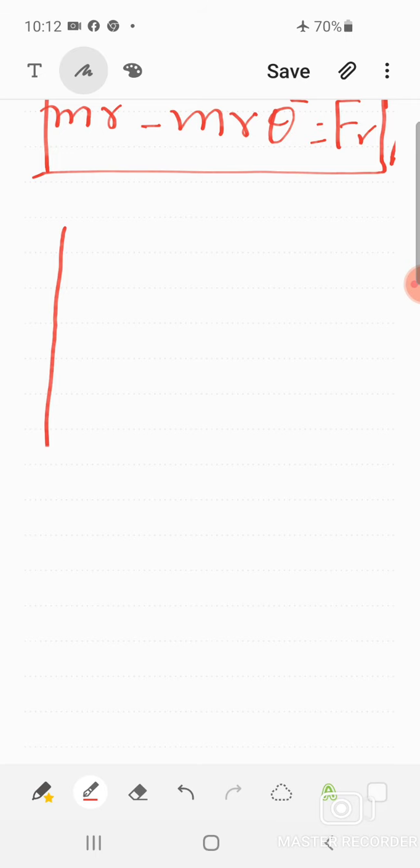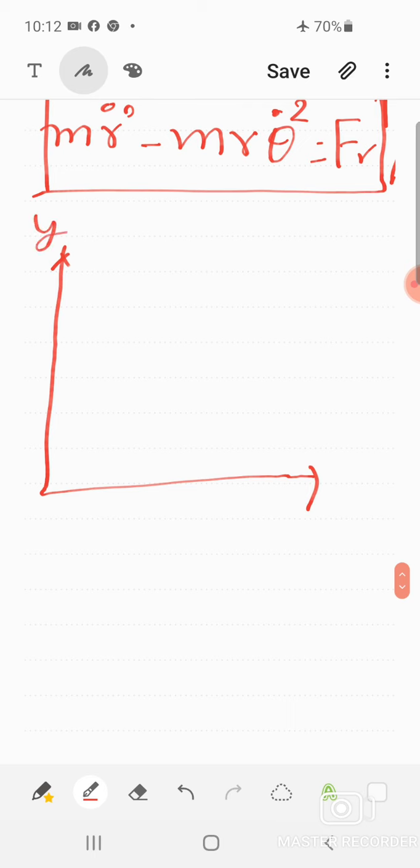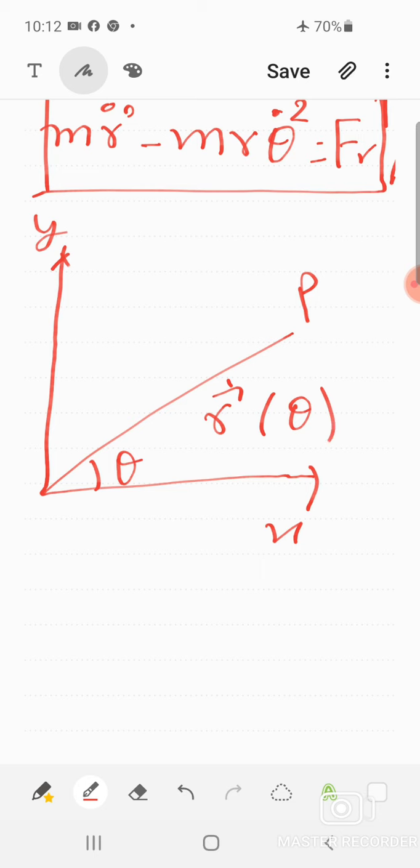Then again let this be the x-axis, this be the y-axis, and we have considered the particle at the point P at the coordinate theta. Then r was the position vector corresponding to the theta.